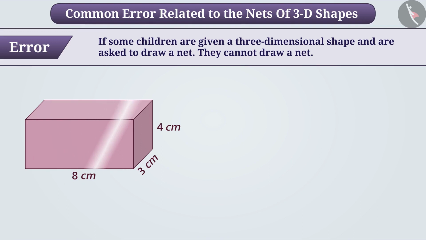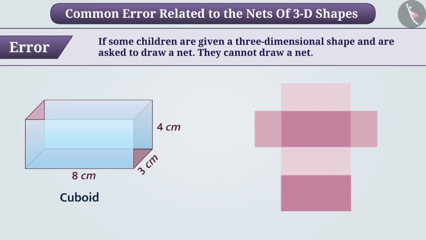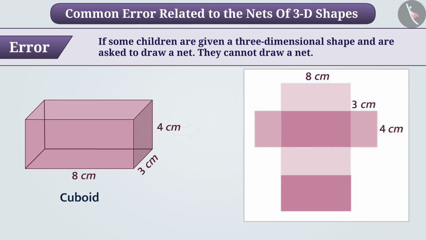The figure shown is a cuboid. To draw its net, we can consider any one rectangle as the base. After identifying the faces on all of its 4 sides, you can draw them on the 4 sides of the base in the net. Then the net can be completed by placing the face opposite to the base. It is not necessary that a solid has only one net.